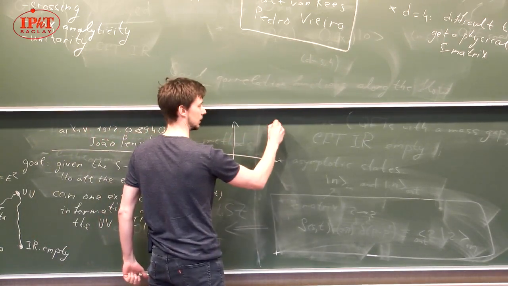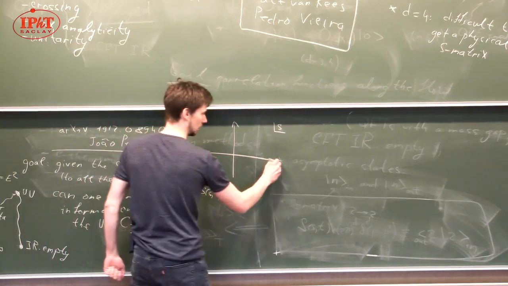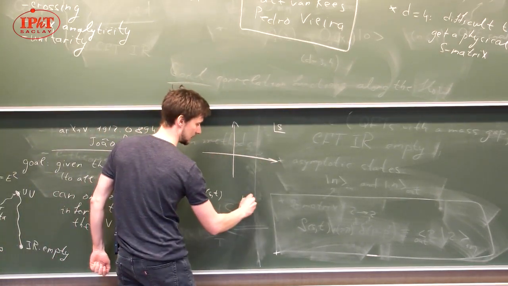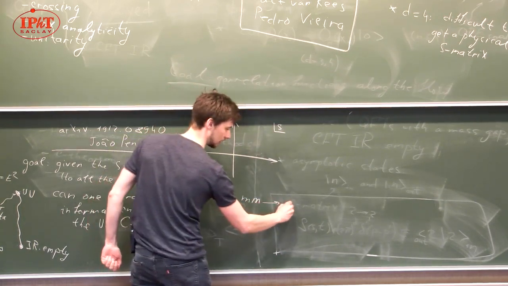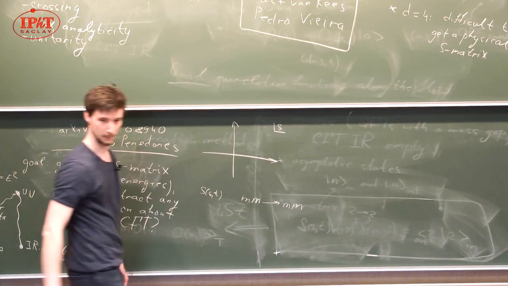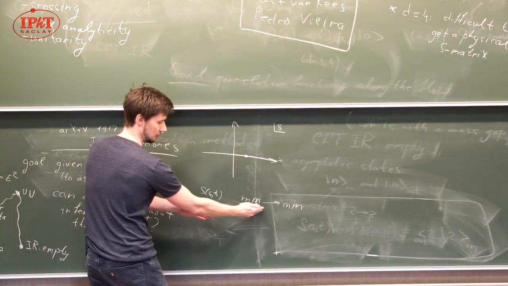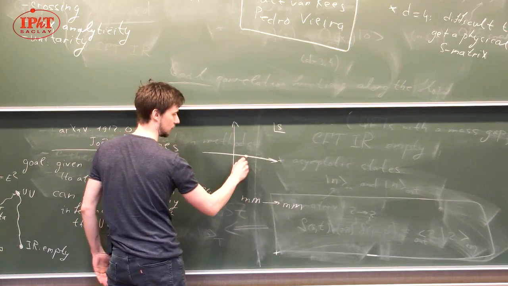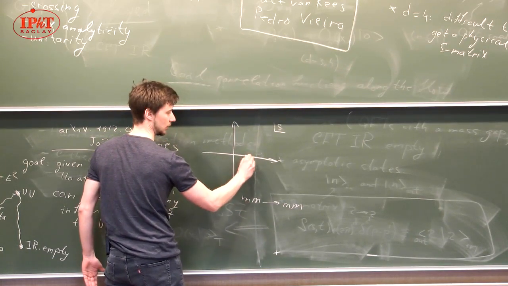So consider the complex S plane. If this S matrix describes the scattering of identical particles with mass m, the minimal physical energy is 2m squared on the real axis.